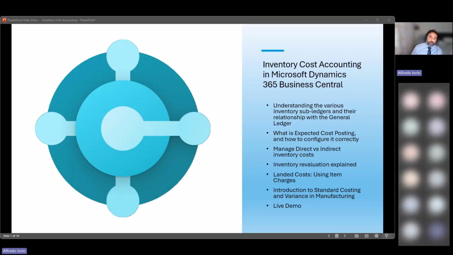Landed cost using item charges, a quick introduction to standard costing and variance in manufacturing, which is arguably the most complex area of inventory costing, but where Business Central also works in a very specific way that makes it different from other applications like SAP and Oracle. So something to consider when you work on a new project, if you, like me, are also a consultant.